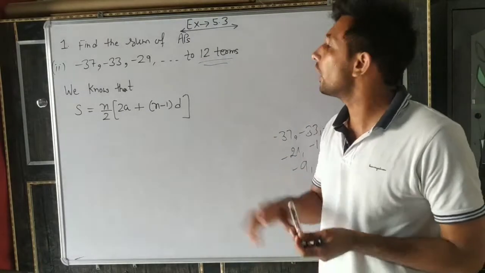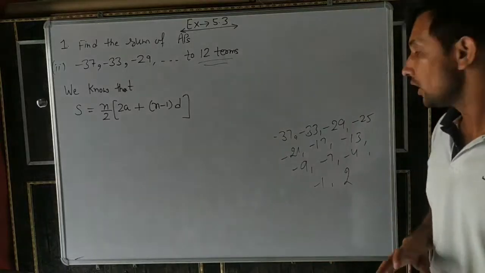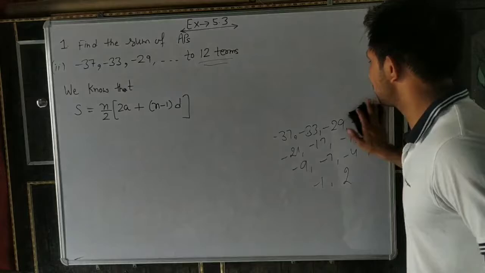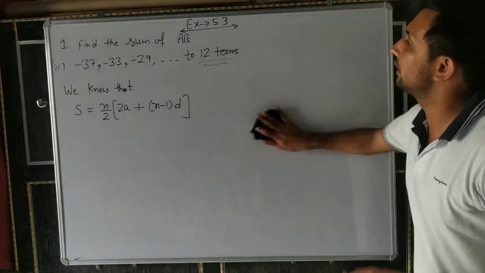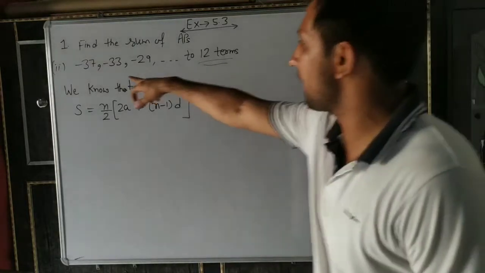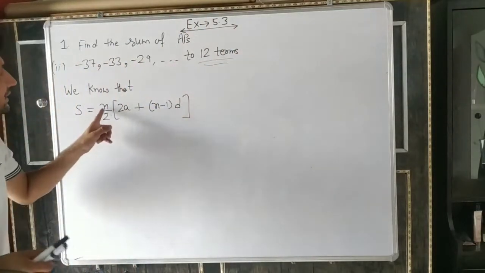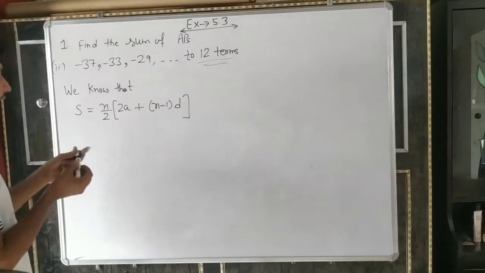Whenever this type of question is given, find the sum of these APs up to 12 terms, it means N is how much? 12. So always we need A.